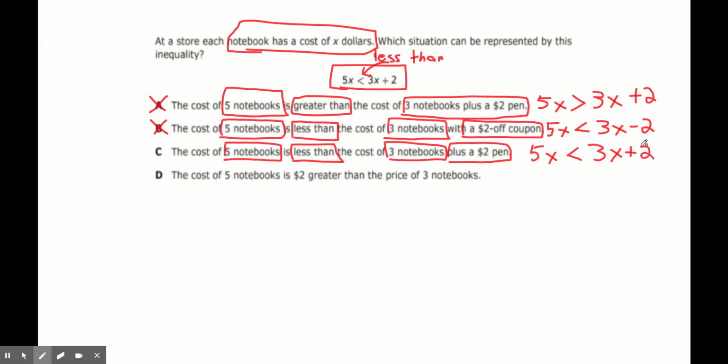So 5 times X is less than 3 times X plus 2. Does that match what we have up here? Indeed, it does. I think we have a winner.